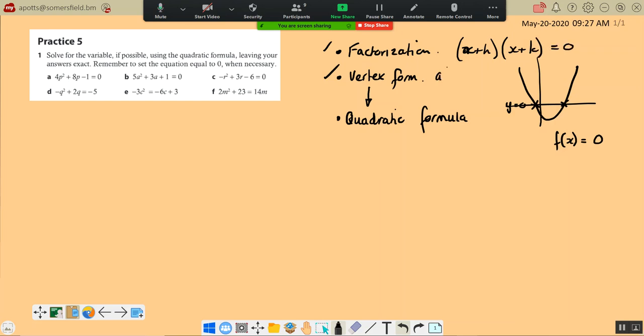Or we've got the a(x plus h) squared equals 0. So the quadratic formula is the same thing, but it allows us to just go straight from standard form. So we don't need to do any rearrangement. Okay, does that make sense?